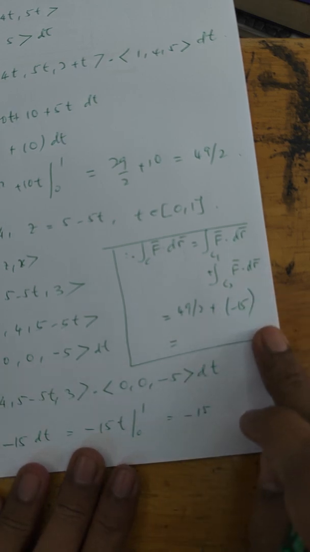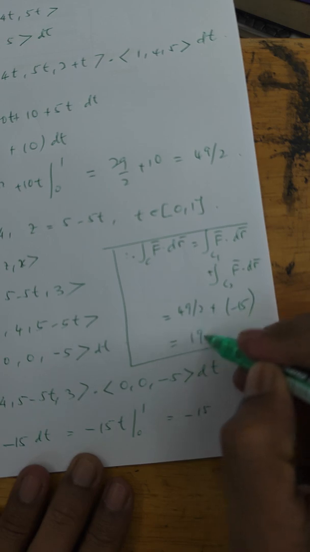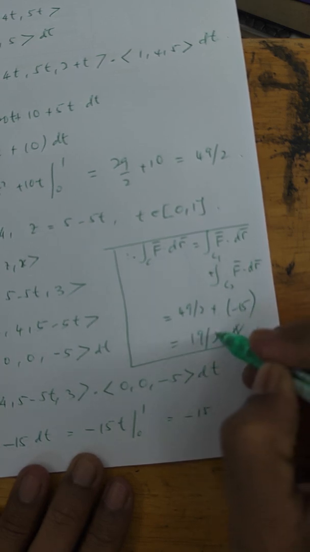Solve this, you got 19 over 2. So this is the solution.